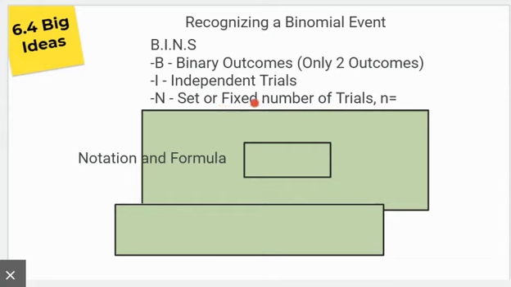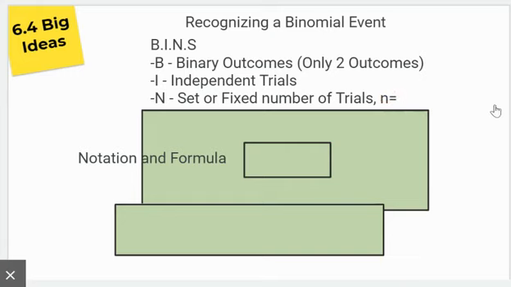It doesn't go on forever. There's not an unknown number of trials. Like you read the question and you know the person is going to take 3 foul shots. Or if we're talking about a different situation, there are 10 multiple choice questions on a quiz. So there's a set or a fixed number of trials. That has to be true in order for this to be a binomial event.